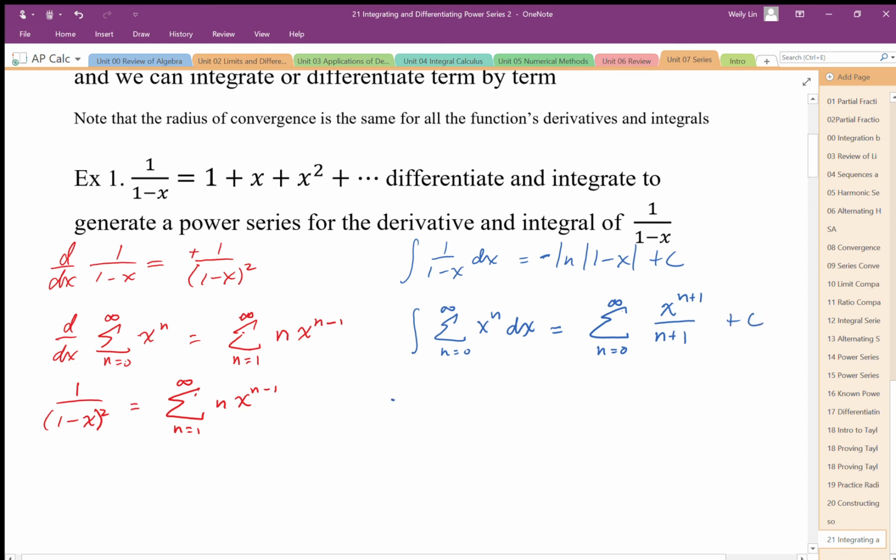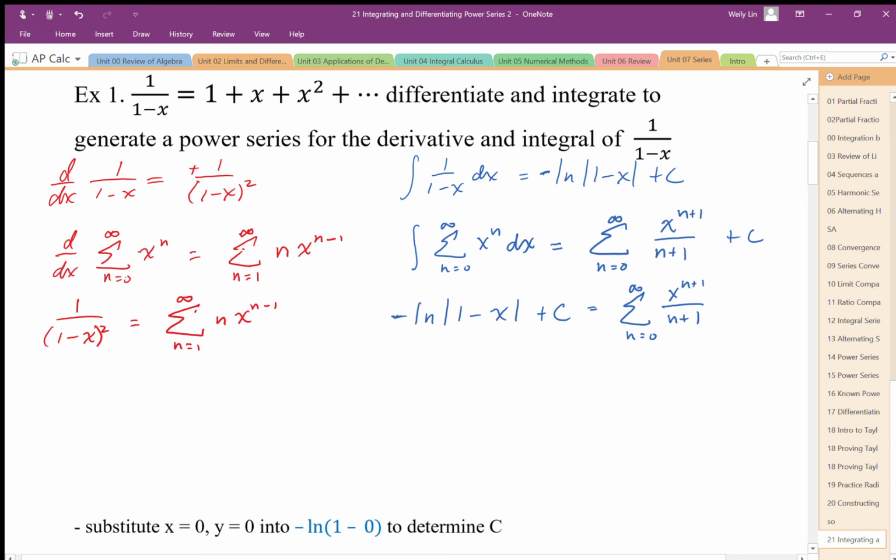So what we can say then is that this function, negative log of 1 minus x plus c, is equal to this series. And so we can make this equivalent.